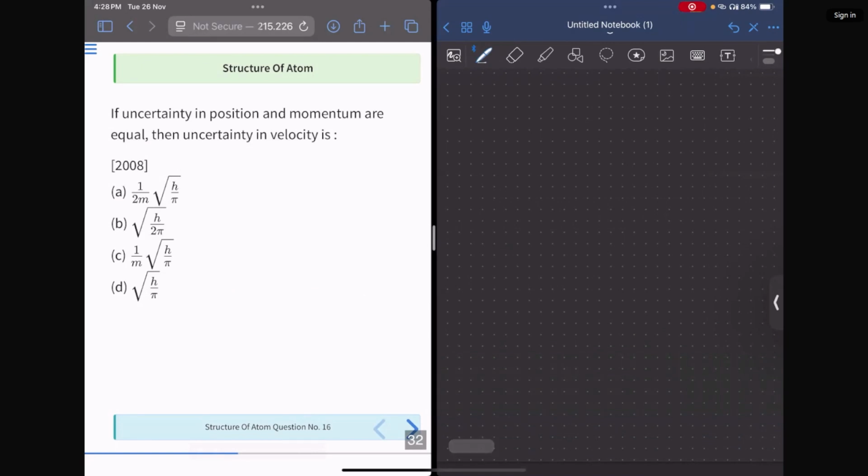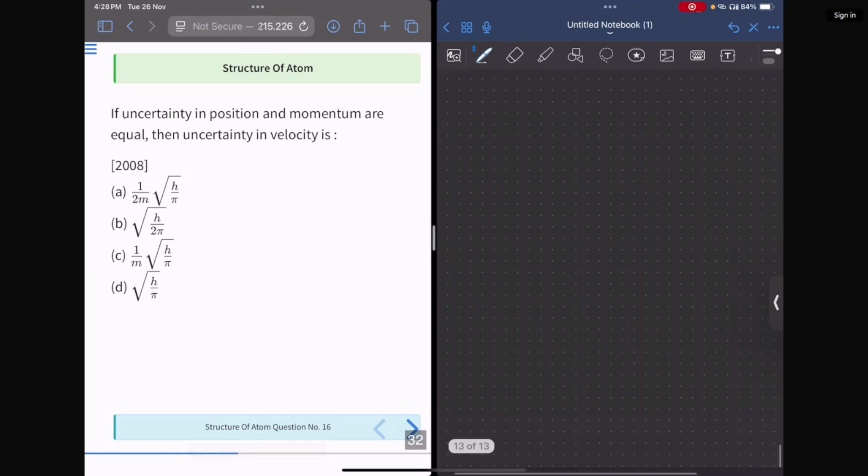Question number 60. If uncertainty in position and momentum are equal, then uncertainty in velocity is. Let's put the formula here. What is given? The uncertainty in position del x is equal to del p. So what will be the uncertainty in velocity? Del v is equal to 4 pi m by h?